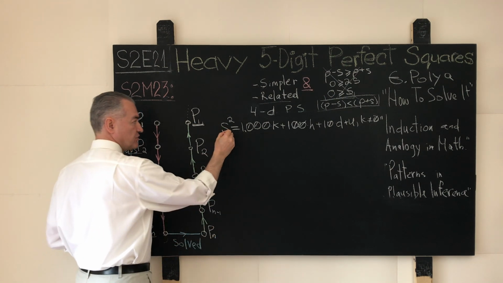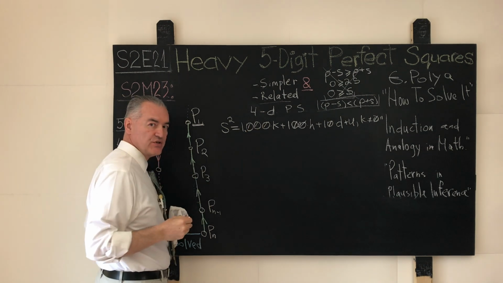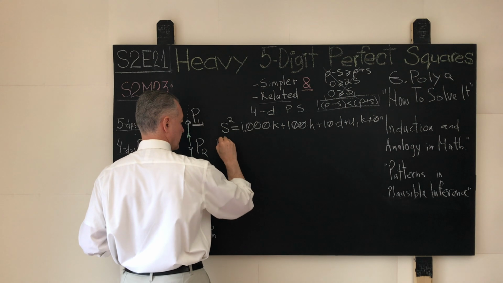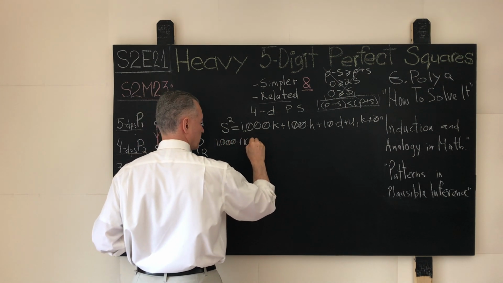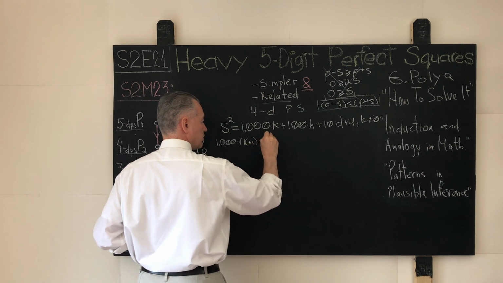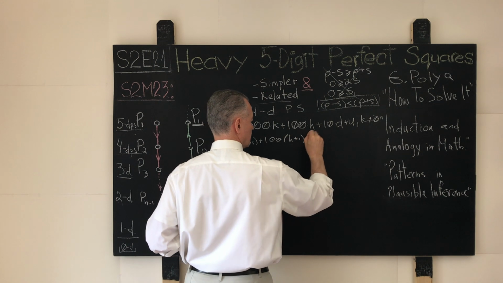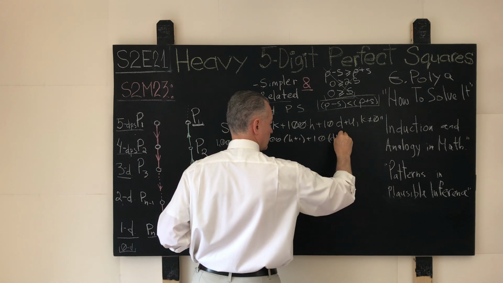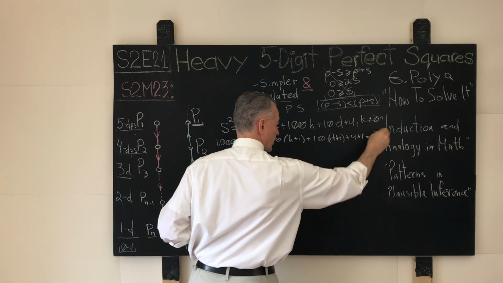In our case, the constraint is a square. How do we translate the fact that when 1 is added to each digit, then a new square results? Then we will write it down as 1000 times (k plus 1) plus 100 times (h plus 1) plus 10 times (d plus 1) plus (u plus 1) is still a perfect square.